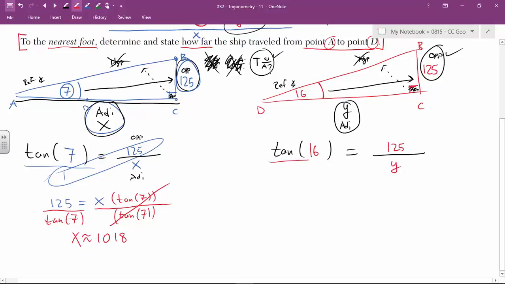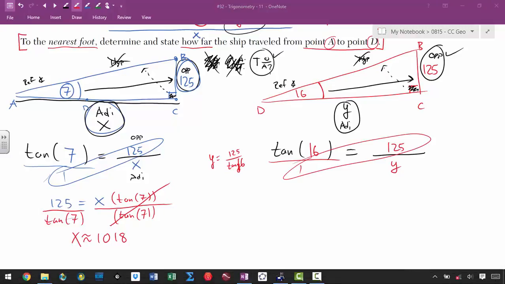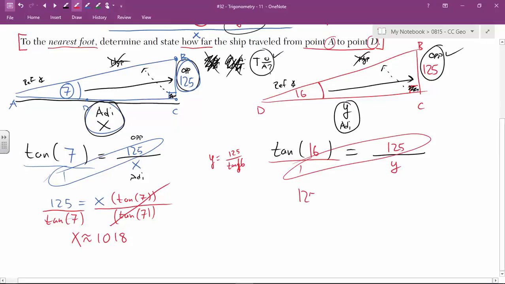And you can see here that what happens is, let's just turn this into a proportion. Put it over 1, cross multiply. But what's going to happen is the tangent of 16 and the y, they're going to switch places. In the end, I'm going to have y equals 125 over the tangent of 16. All right, but I'll show you. I'll go through the long way. When we cross multiply, we'll have 1 times 125, which is 125.